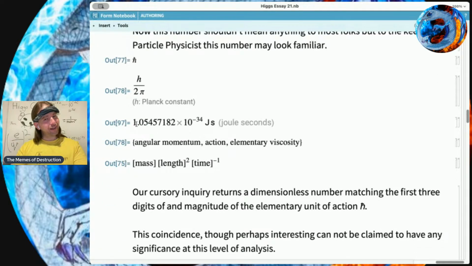But that's probably because the first three significant digits and corresponding magnitude power is of h bar, Planck's reduced constant.